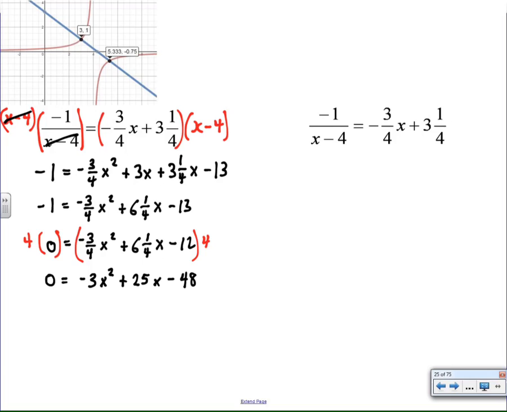Now, you can see here, my first choice was to multiply both sides by x minus 4, and later on I had to multiply both sides of the equation by 4 to get rid of the fractions. What if I changed that order? What if I looked at this, multiply both sides by 4? In fact, let's take this one step further. This is a negative coefficient, positive, negative. If I multiply both sides by -1, I end up with this equation where we have more positivity and an easier to factor expression.